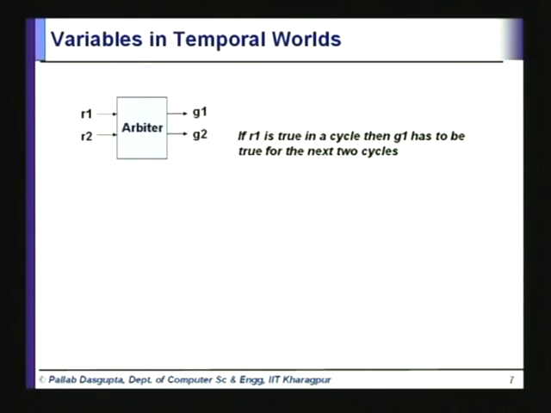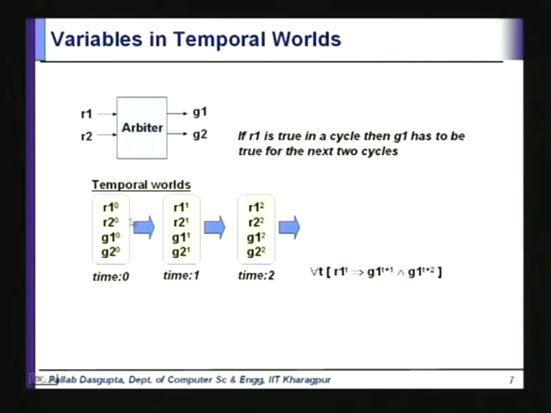The way this is going to work is that we will assign distinct variables for each clock cycle. For example, we have 4 variables here, R1, R2, G1, G2. 2 of them are inputs and 2 of them are state bits. G1, G2 are state bits, R1, R2 are inputs.